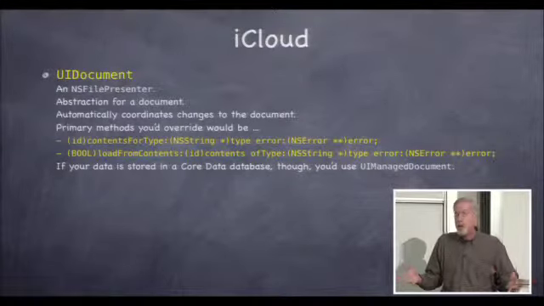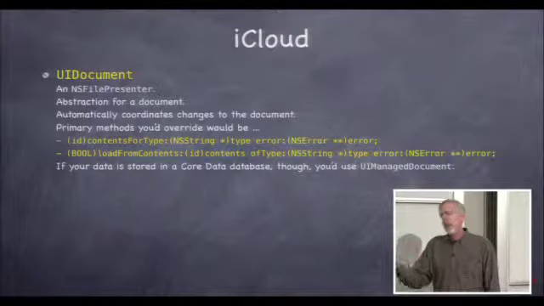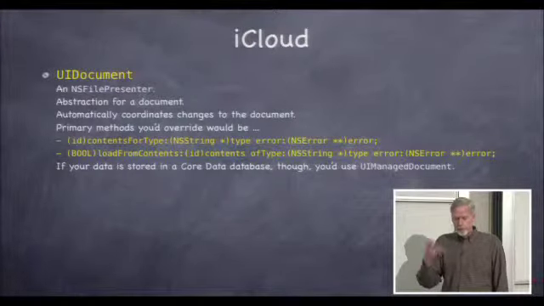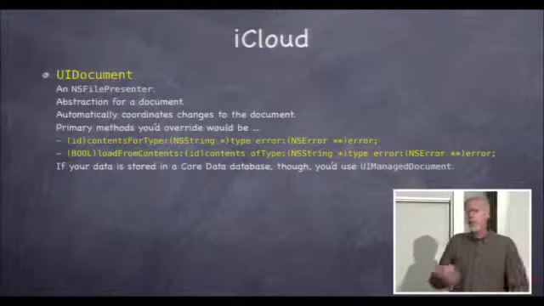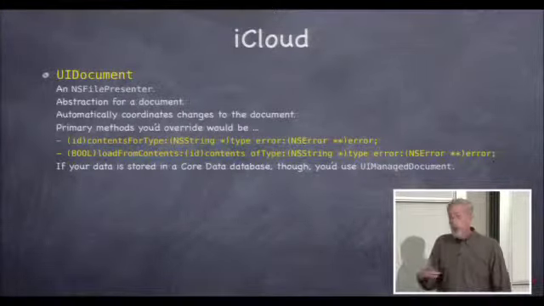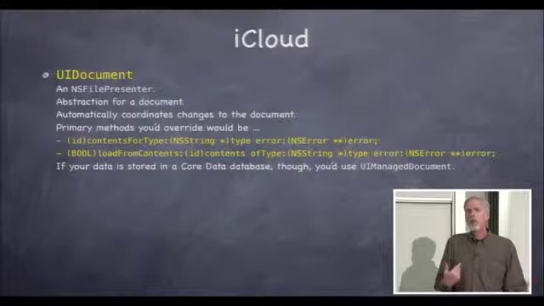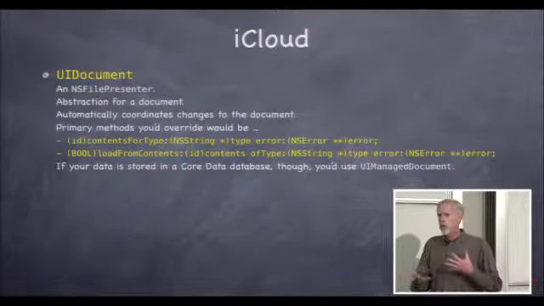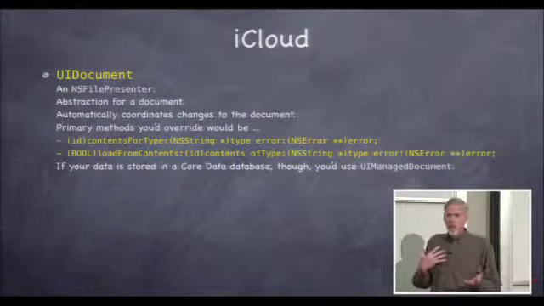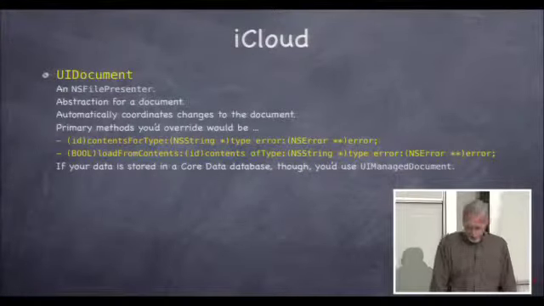Pretty much the rest of the management of saving, methods that you're used to, like saveToURL and openWithCompletionHandler, are all things that UIManagedDocument inherits from UIDocument and would automatically do the right thing and call these two methods to get the data in and out. So you could write your own UIDocument by subclassing UIDocument and implementing these two methods. There's some other stuff you might want to do in UIDocument related to auto-saving and undo management and things like that. But fundamentally, these are the two methods in UIDocument.